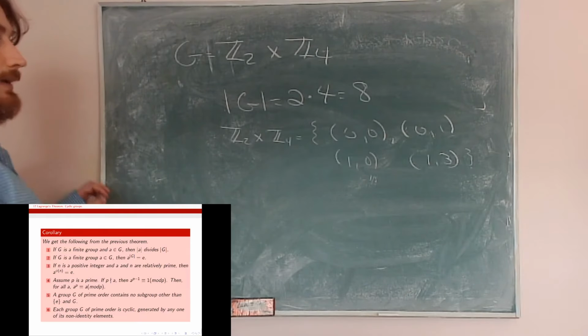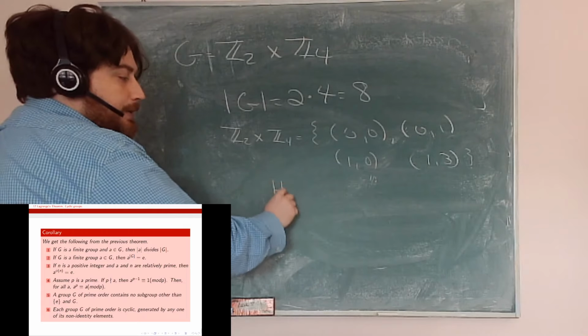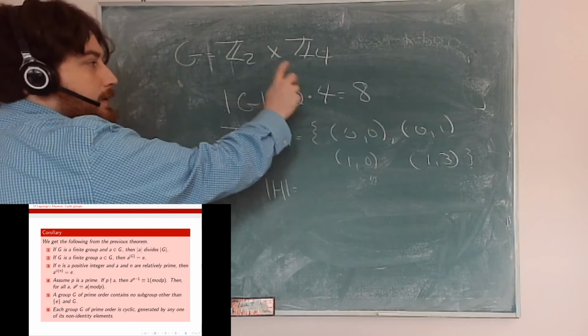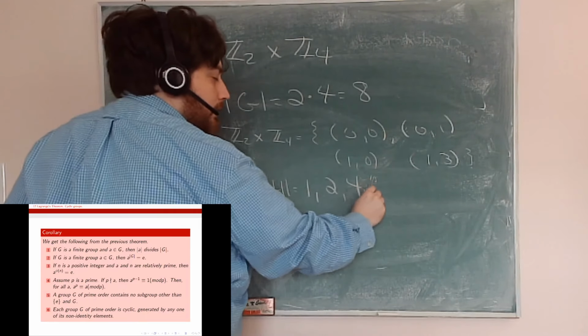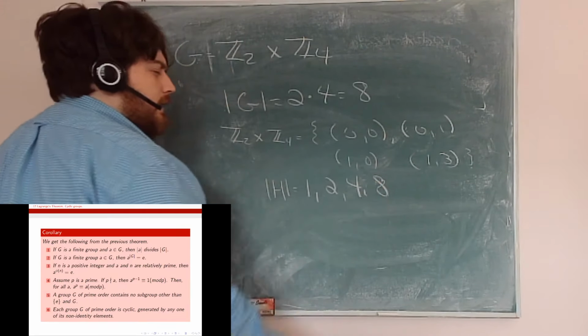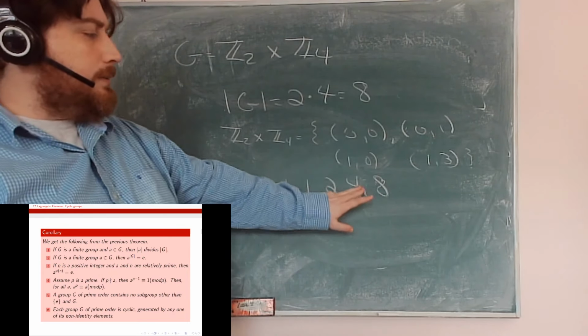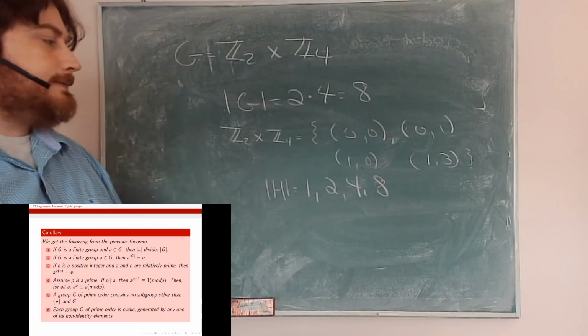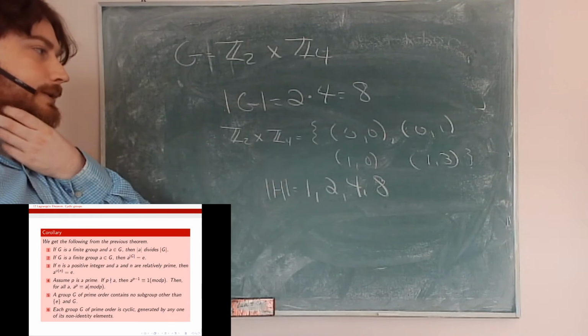Well, if I find any subgroup H of this, what are the divisors of 8? They are 1, 2, 4, and 8. So if I find a subgroup, it's either going to have 1 element, 2 elements, 4 elements, or 8 elements. That is, we can't have 3, 5, 6, or 7 elements in any subgroup.